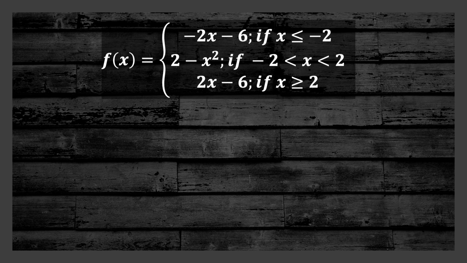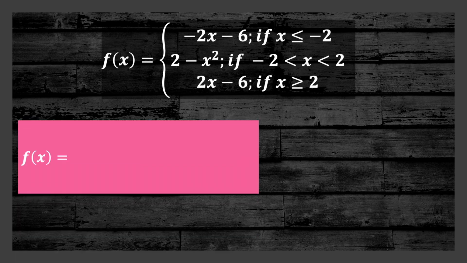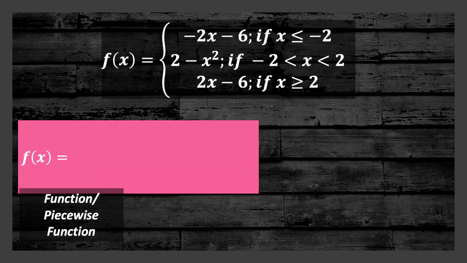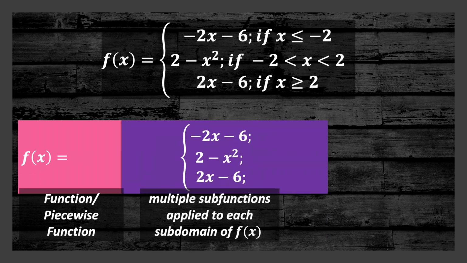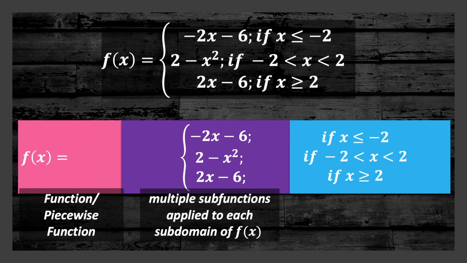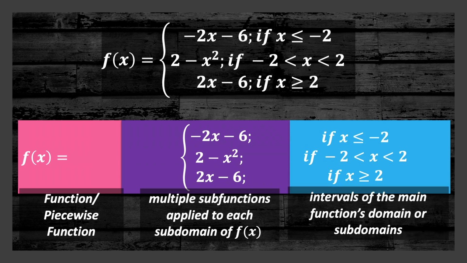In this example, the piecewise function is denoted by f of x, while these are the multiple subfunctions of the given piecewise function. And here are the intervals of the main function's domain or subdomains of our piecewise function.